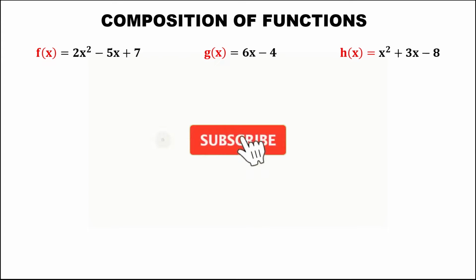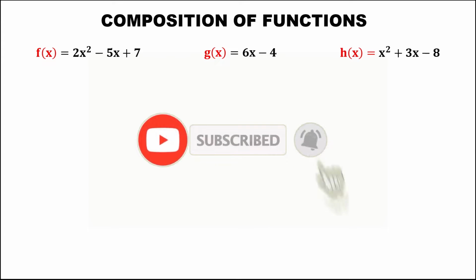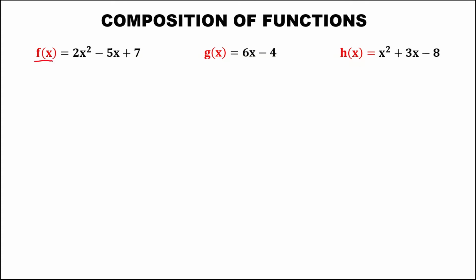So for this problem, in solving a composite function, we have these given three functions, f of x, g of x, and h of x. Then to find this composition, since this is equal to f of g of x, we can substitute the value for g of x.